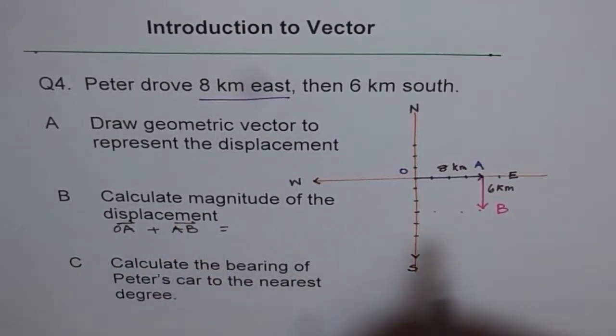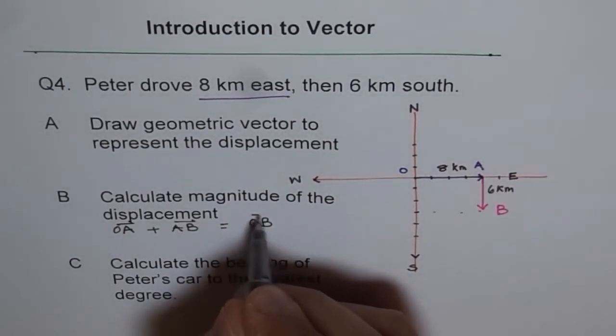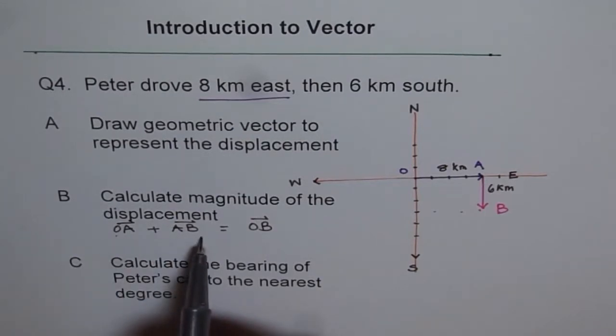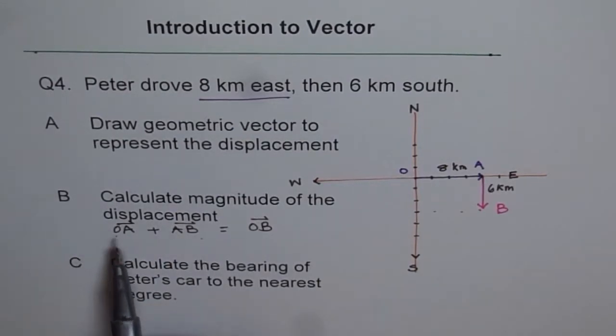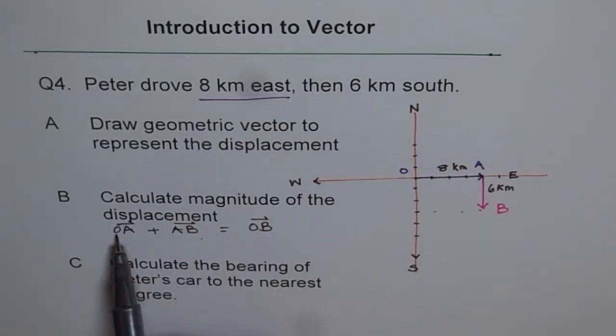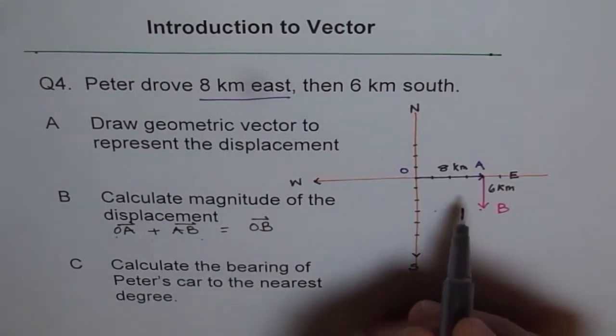So it becomes, as you can see, O to B. So O to A to B is O to B, right? So when we add, we put the tail on the head, and then initial tail to final head is what you get.